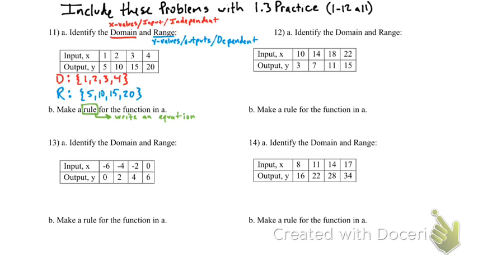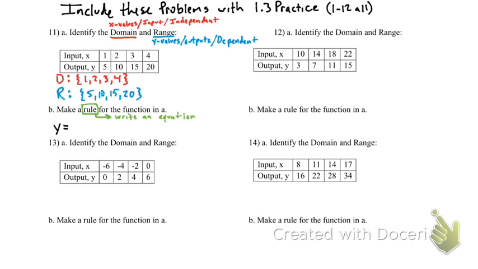All right. So anytime you're asked to write a rule, I'm going to give you a template on how to start the rule. Okay? So you want to start with your dependent variable. Sorry, I said independent at first, I lied. So your output variable. In this case, it's y. So we're going to write down y equals.